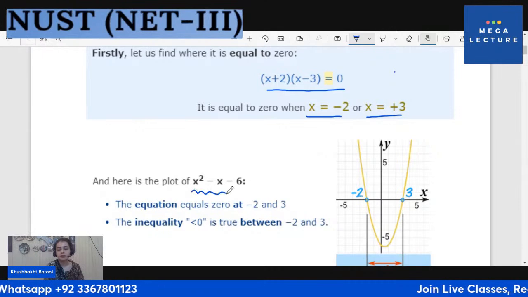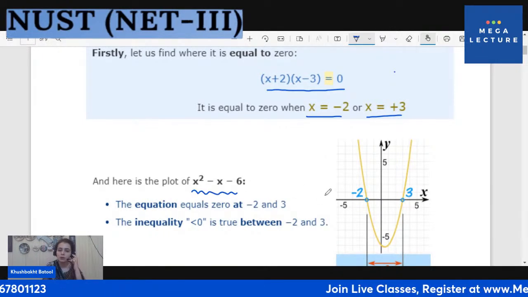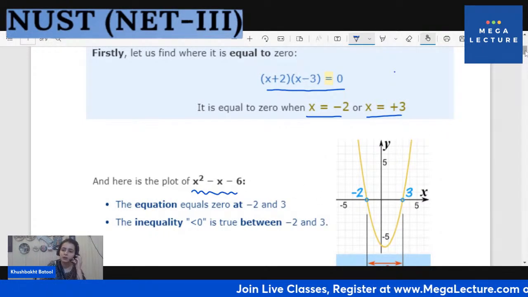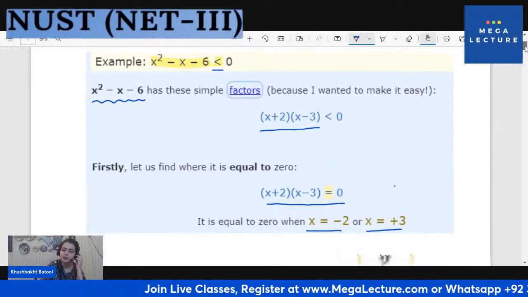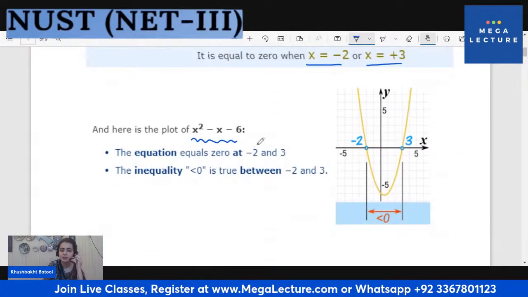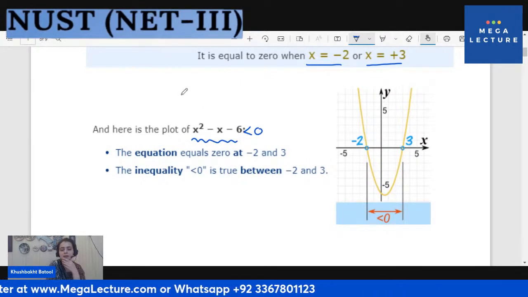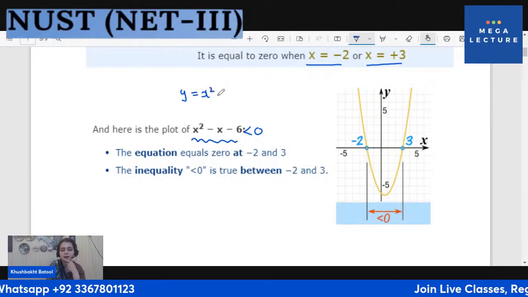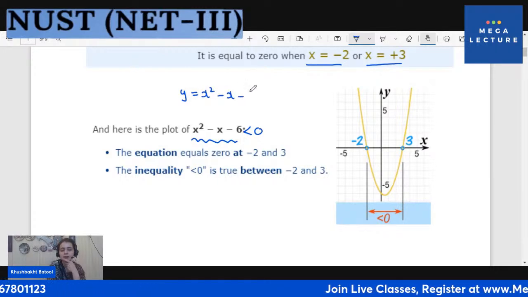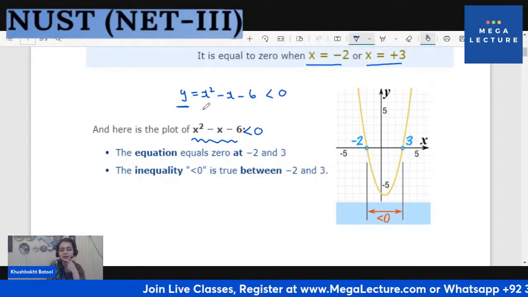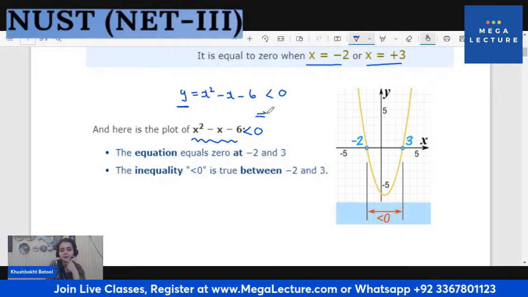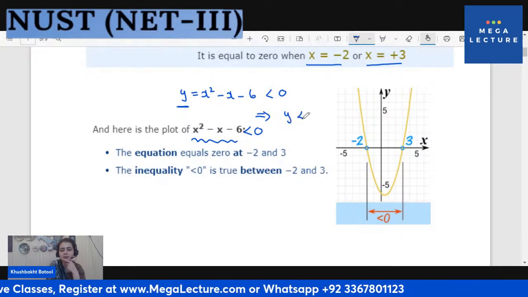Now the inequality was x squared minus x minus 6 less than 0. Think about it as if you had y equals x squared minus x minus 6. If this is less than 0, it means y is less than 0.